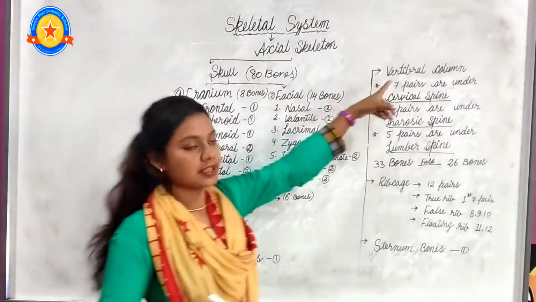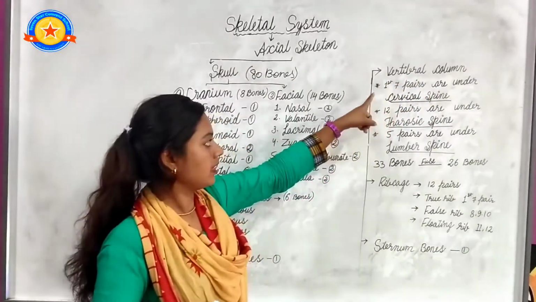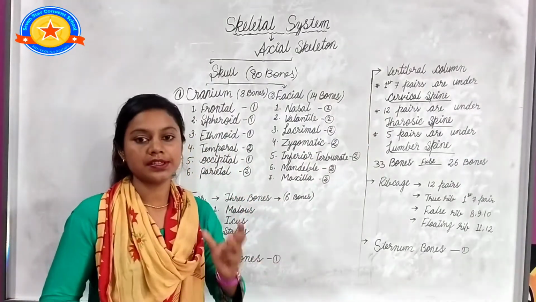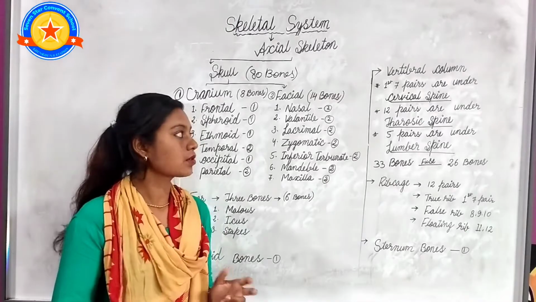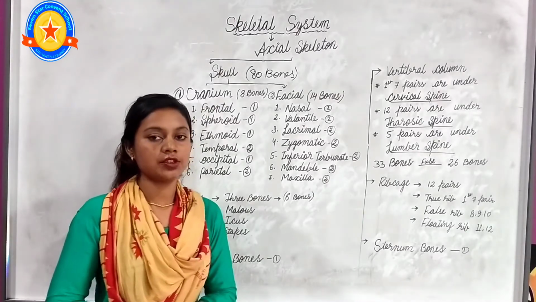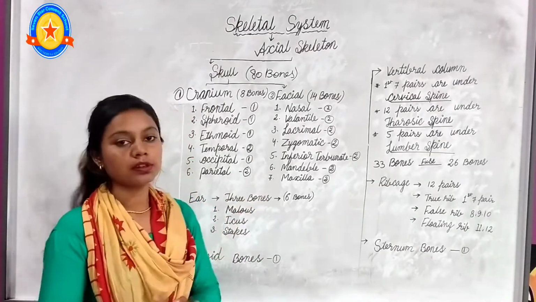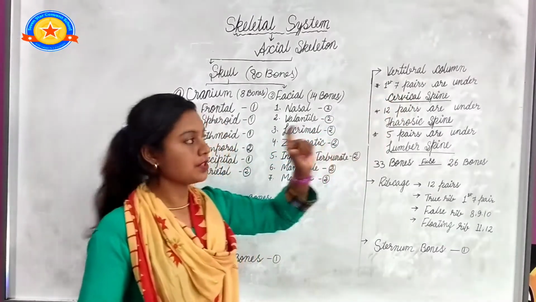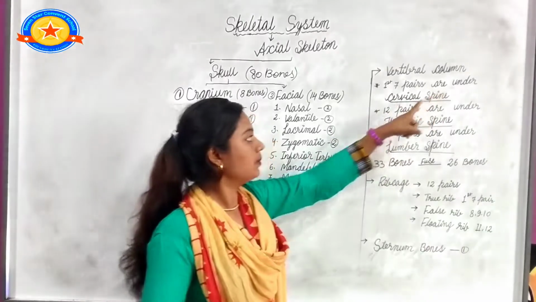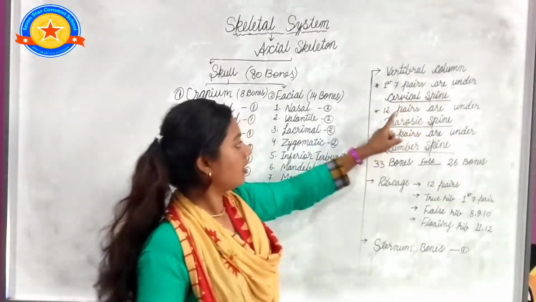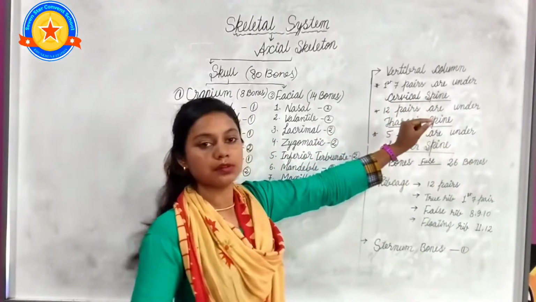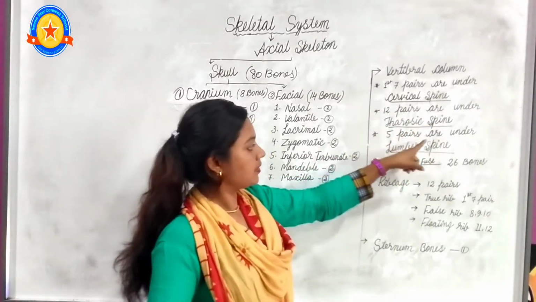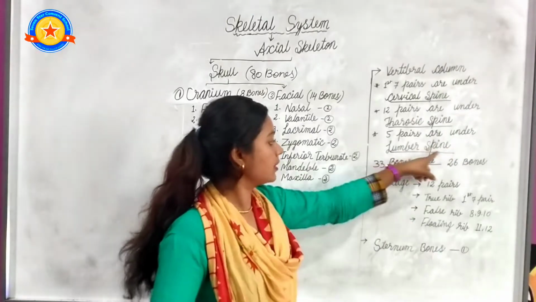Next we will go to the vertebral column. Here, the spinal cord is protected by the vertebral column, which is actually made up of a series called vertebrae. From top to bottom, the first 7 are under the cervical spine, the 12 found under that are the thoracic spine, and the 5 are under the lumbar spine.